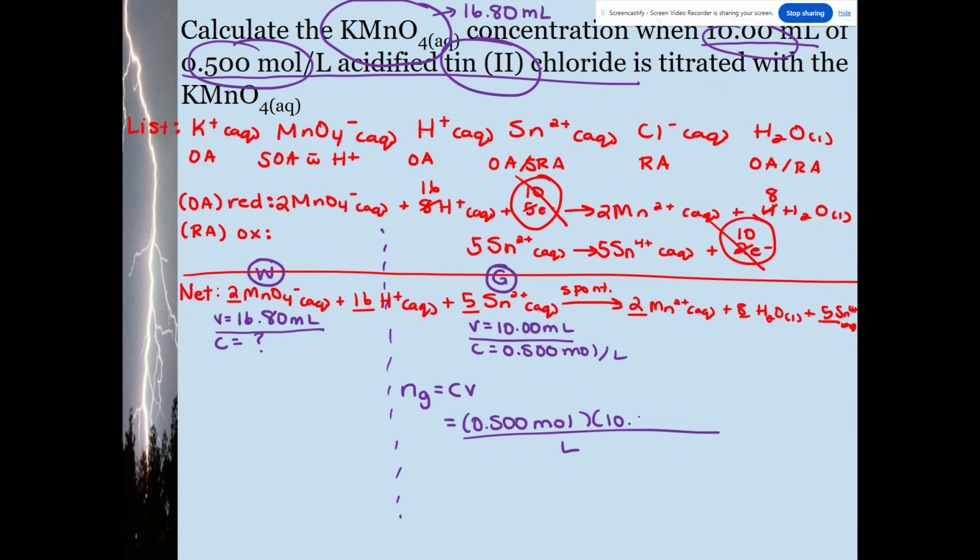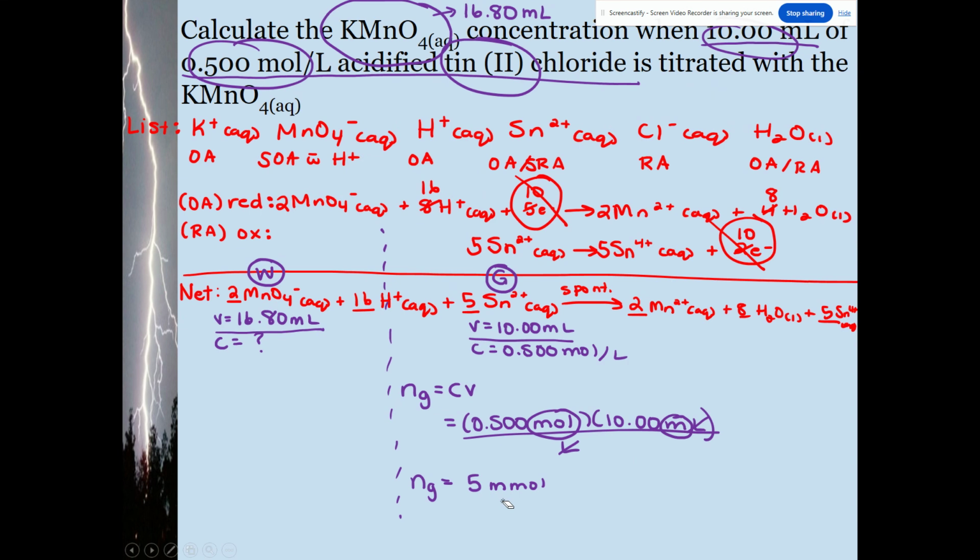I'm going to leave it in milliliters and show you what happens. So the liters here cancel. I'm left with a millimole. So at this point, when I do that calculation, 0.5 times 10, I get 5 millimoles. So that's the prefix milli, okay?